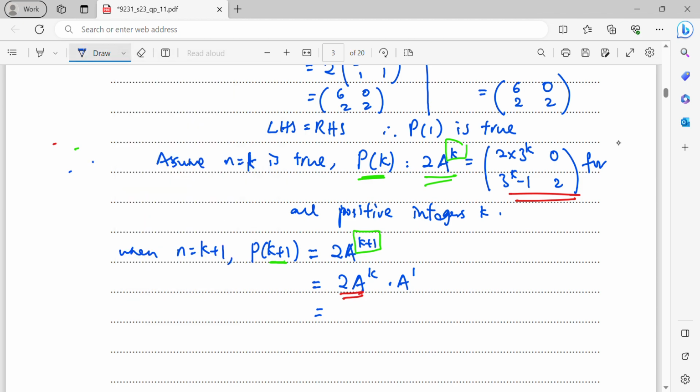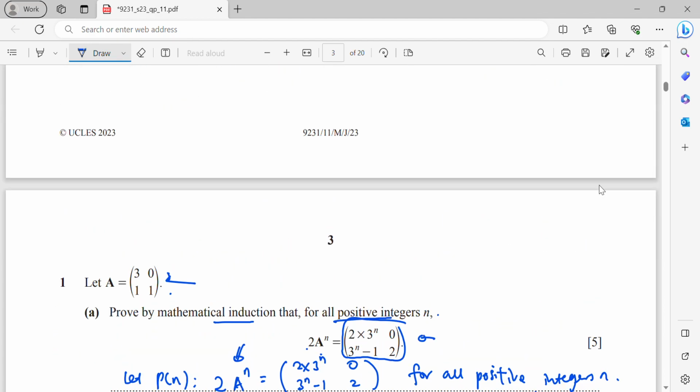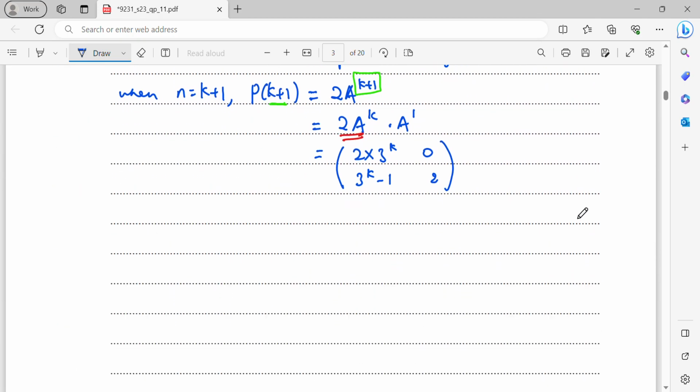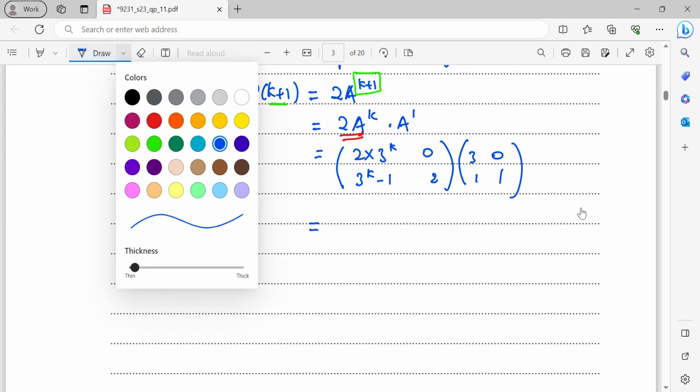So then I will get 2 times 3 to the power of k, then 0, 3 to the power of k minus 1, 2, multiplied with the A. Our A is 3, 0, 1, 1. It is given in the question. So now this becomes the multiplication of two matrices.